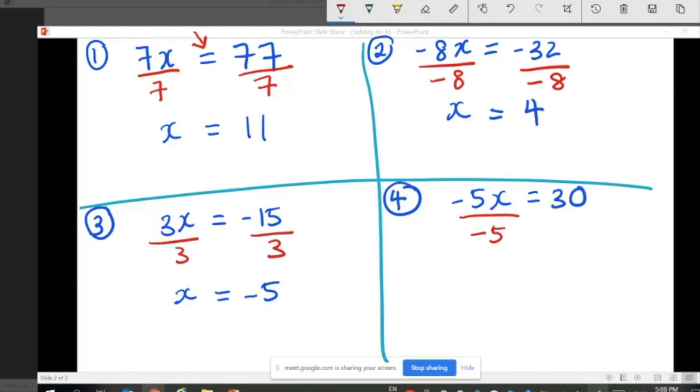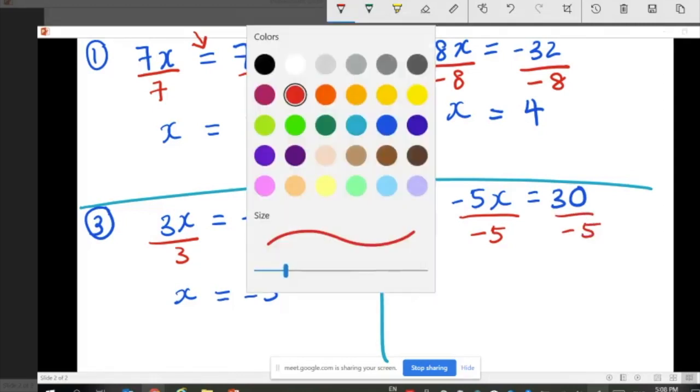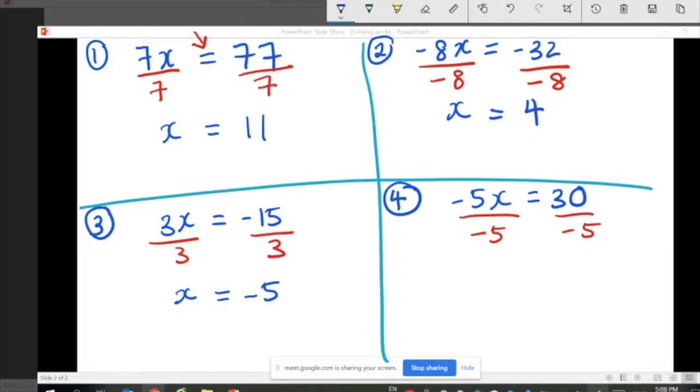And you need to do it on both sides of the equation. So negative 5 divided by negative 5 is positive 1. Then you multiply by x to get positive 1x. So x equals 30 divided by negative 5, which is negative 6. So x equals negative 6.